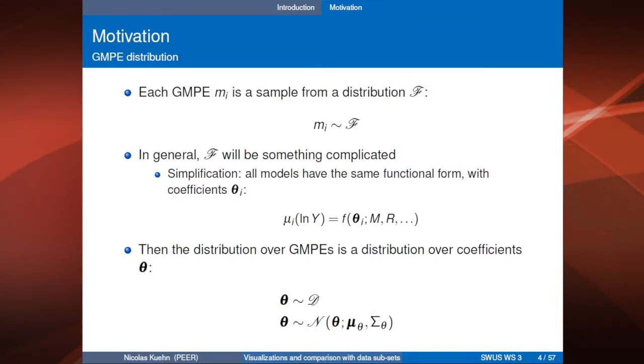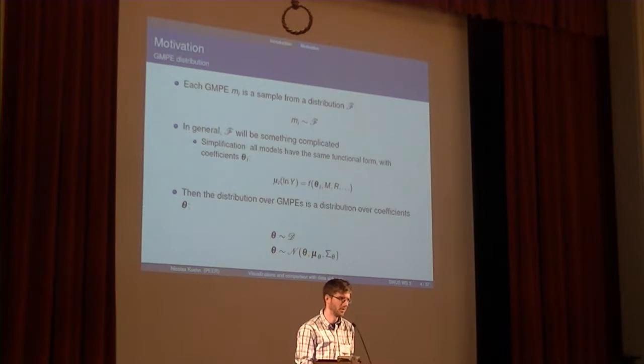A further assumption is that this distribution over the set of coefficients is multivariate normal. And then we just need to estimate the mean of the coefficients and the covariance of these coefficients, and then we can sample from that.